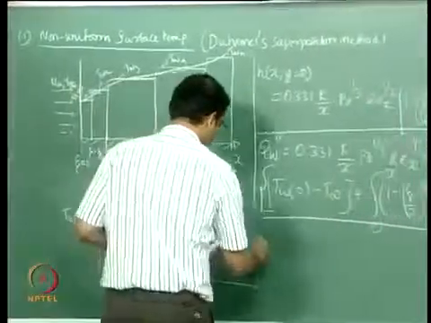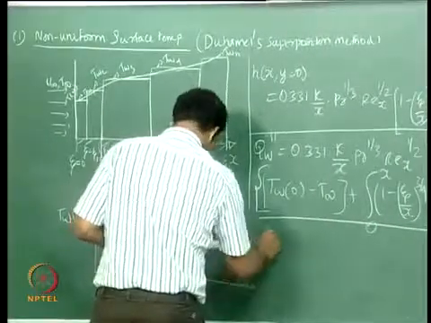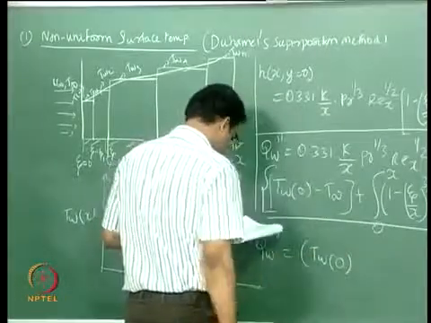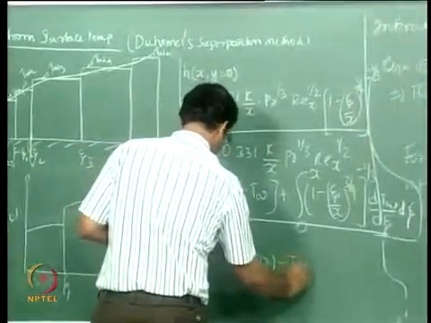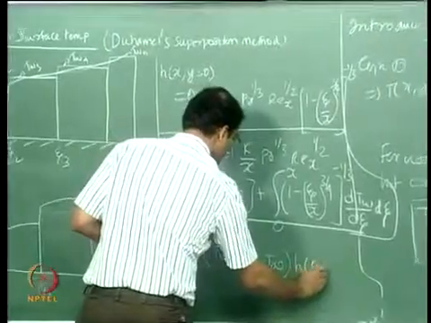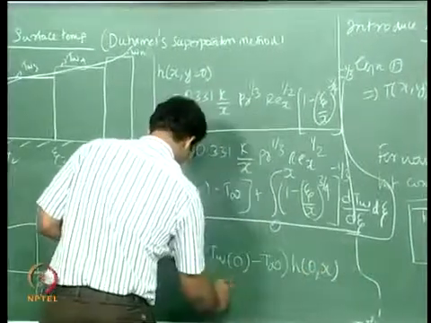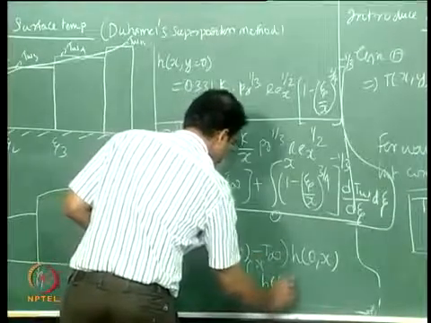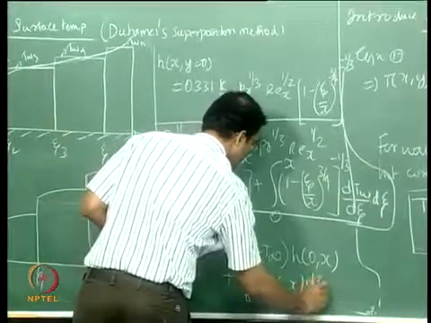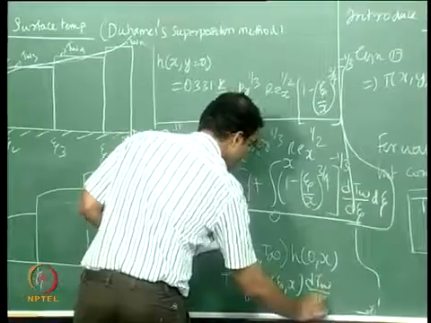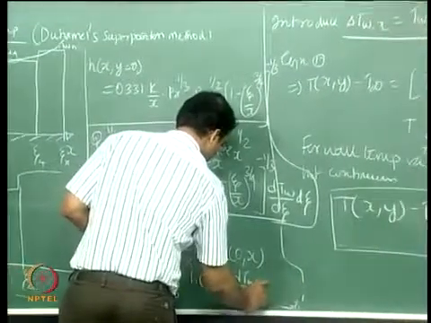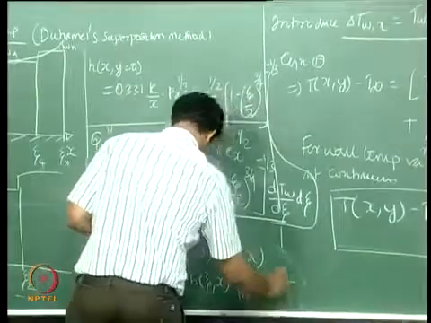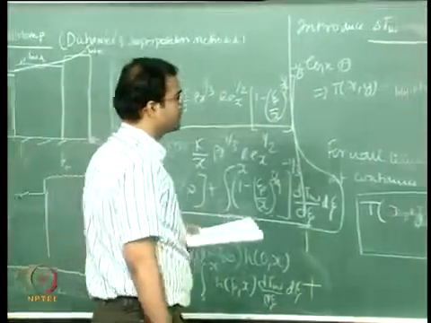So then your expression for q wall double prime will be h of 0 comma x plus whatever you had before plus what should you do?